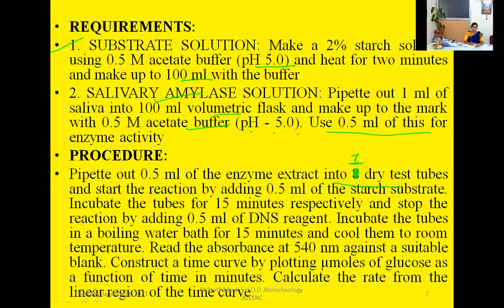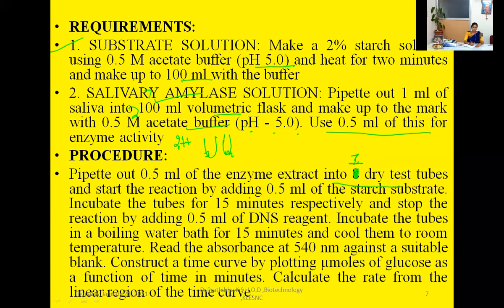Another test tube will be the blank. There also you are going to add the substrate and the enzyme solution, but the incubation time will be 0 minutes. So you are going to take two test tubes; one will be labelled as blank, the other as unknown.